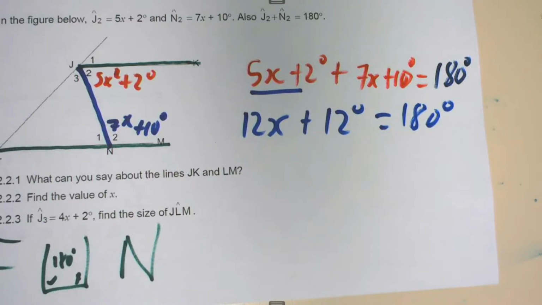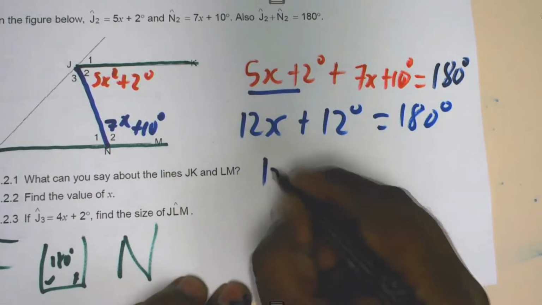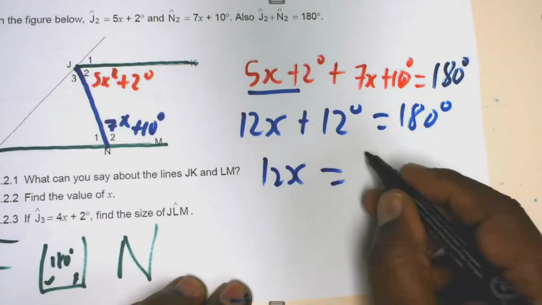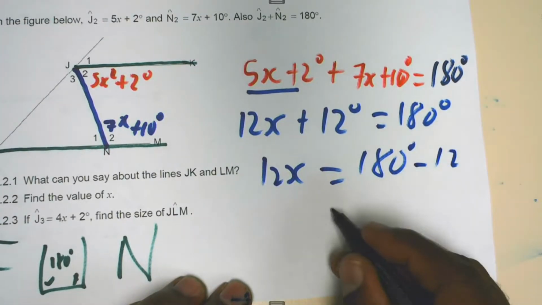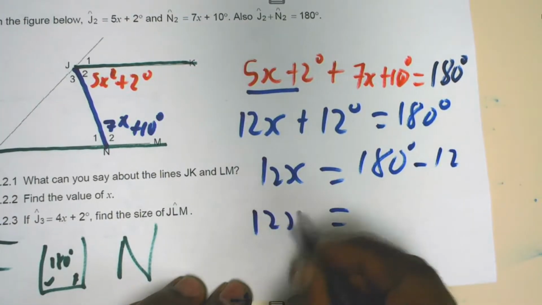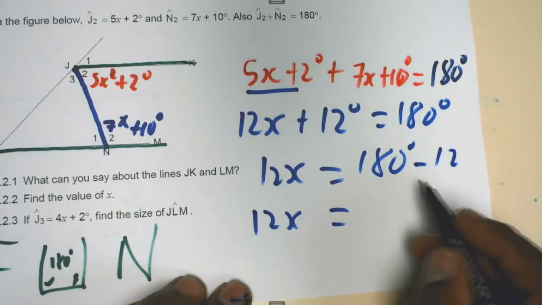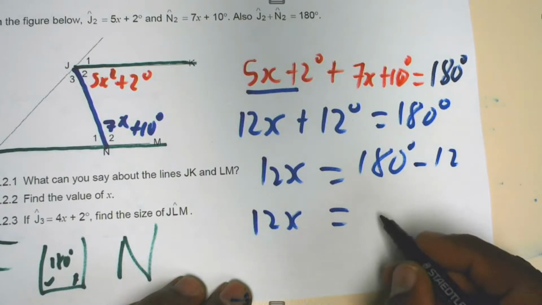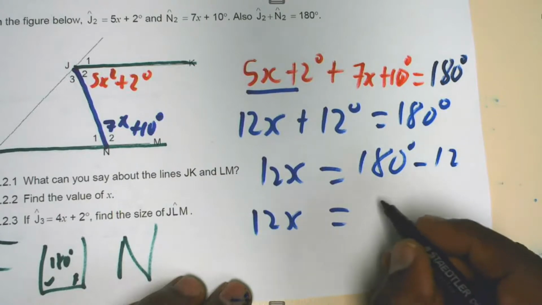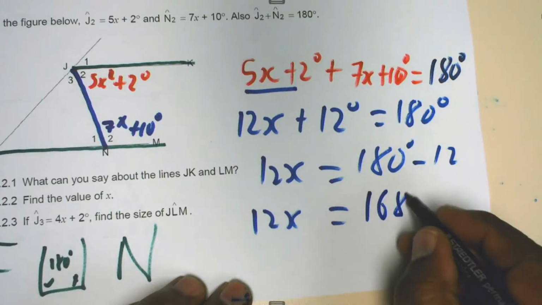And we said we transpose. In other words, we want 12x alone. When we move this one to the left, it changes the sign. 12x equals 168.